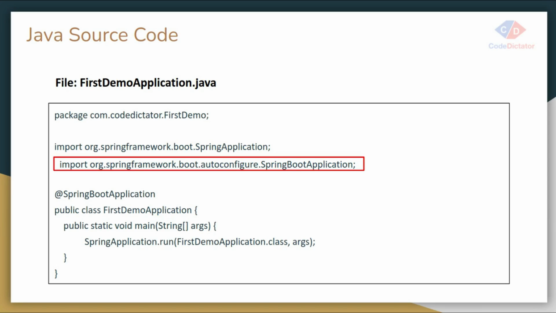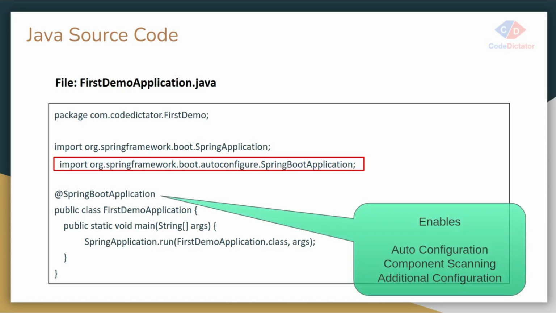We have one annotation, @SpringBootApplication, which is present in the org.springframework location. So why are we using this annotation? It enables auto configuration, component scanning, and some additional configuration and bean creation.